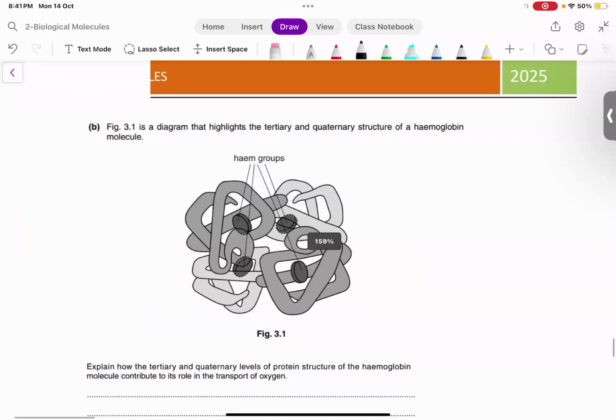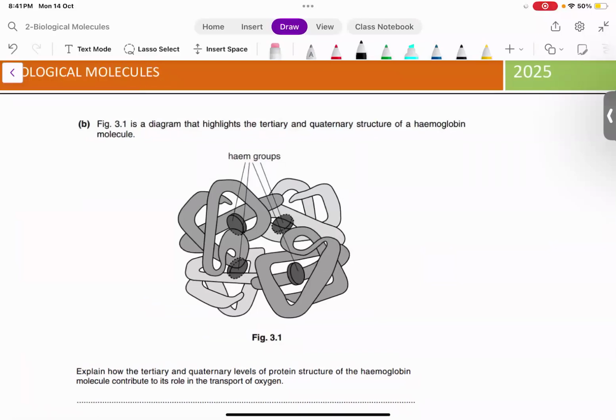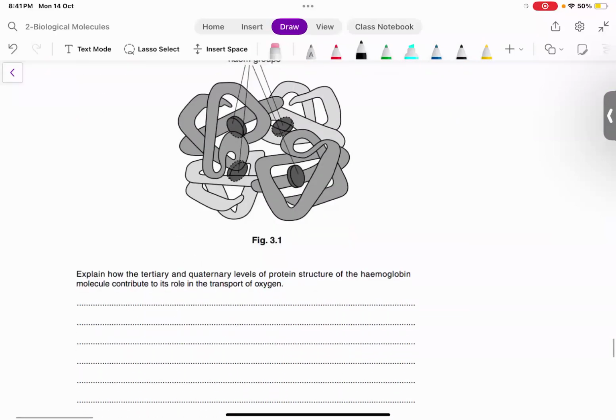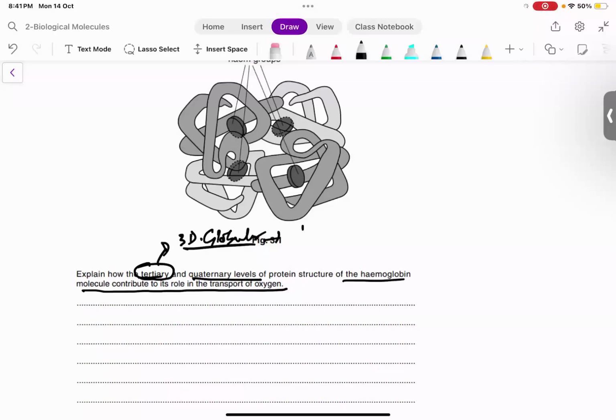So let's see, this is another question on hemoglobin. Figure 3.1 is a diagram that highlights the tertiary and quaternary structure of a hemoglobin molecule. Explain how the tertiary and quaternary levels of protein structure of the hemoglobin molecule contribute to its role in transport of oxygen. So again, about tertiary you can say that it's 3D globular, and it has a heme group as a prosthetic group attached with it.